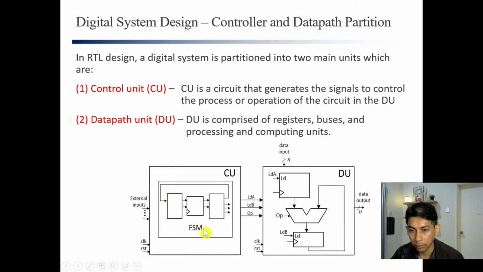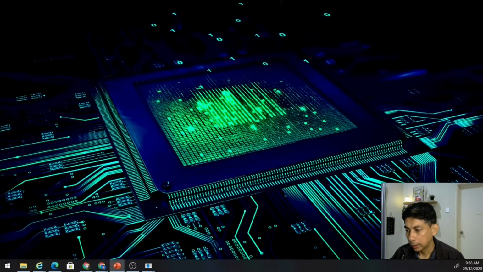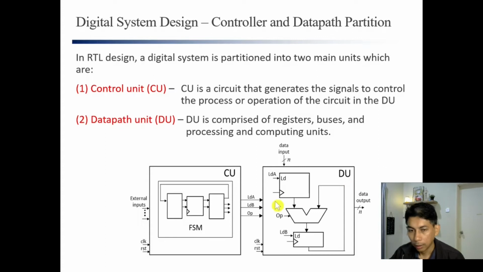All right, we have learned in the previous chapter that the FSM can generate the control sequence, just like in the last example of the previous chapter.